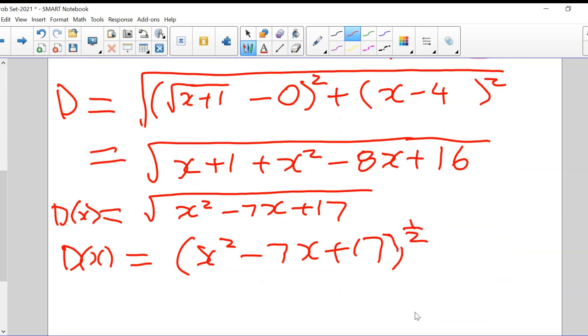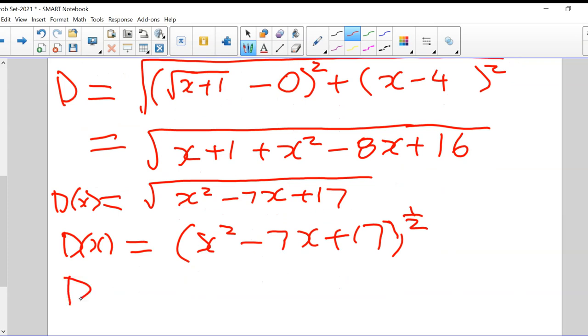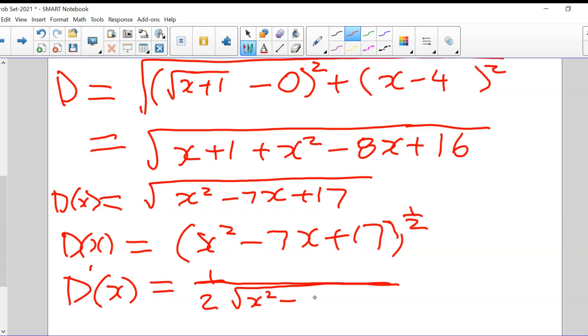Okay. So we're now going to find the derivative, which of course is a half. Actually, after a while, I think everybody knows this now. It's going to be 1 over 2 times the square root of x squared minus 7x plus 17, because you're going to have half times this to the minus a half, so this becomes a denominator, and then on top you're going to have the derivative, which is 2x minus 7.